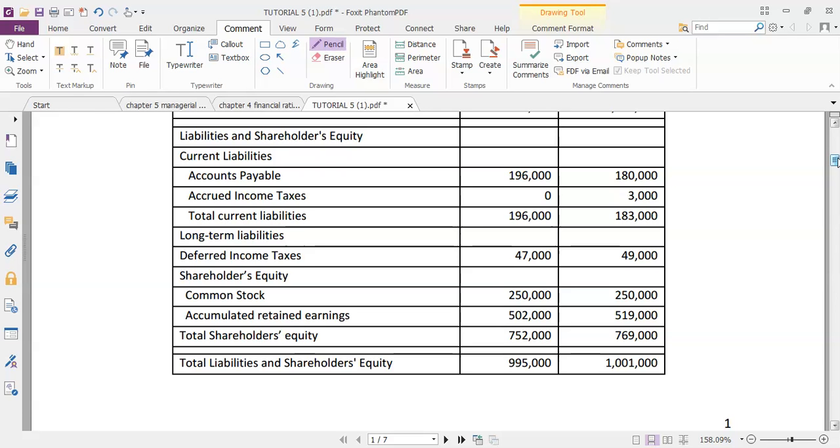Do you have any idea about it? How do we know the amount that is net working capital?